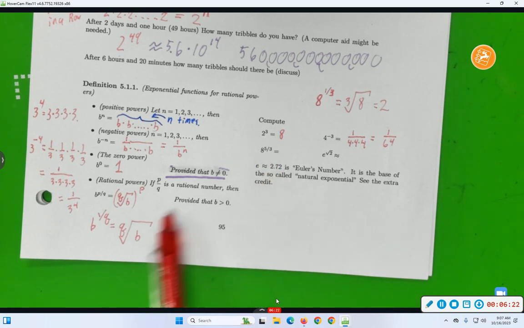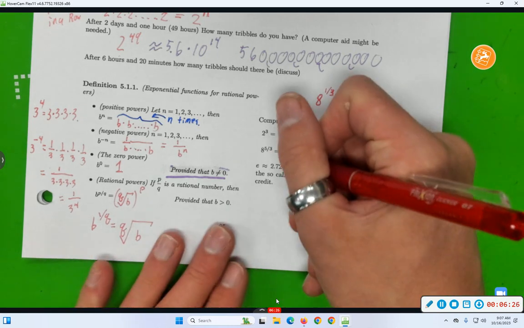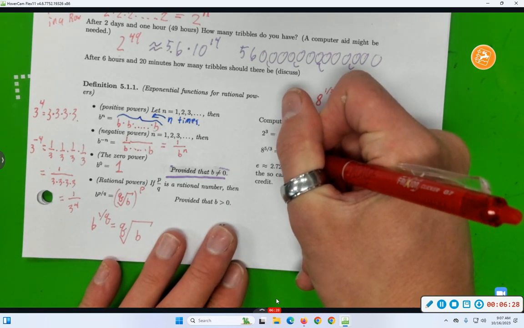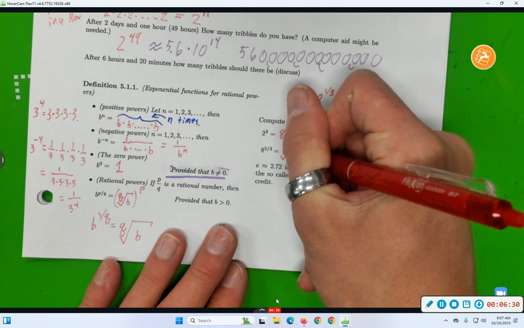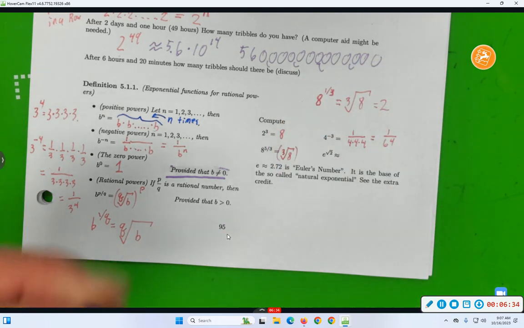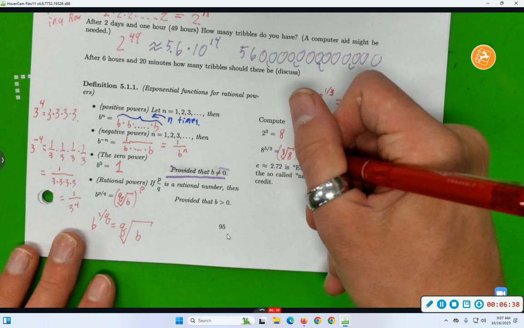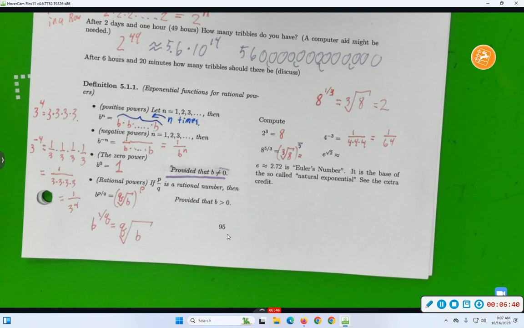So by these instructions, step 1 is take the cube root of 8. Take the cube root of 8. And then I need to raise that to the 5th power. So far, so good? Do we know a cube root for 8? 2.